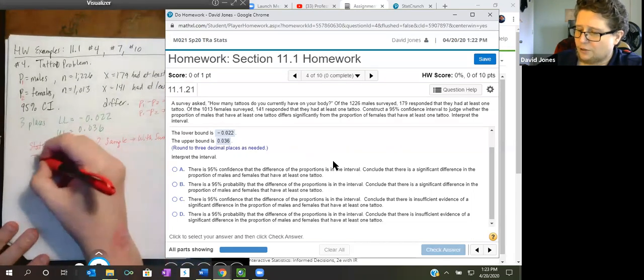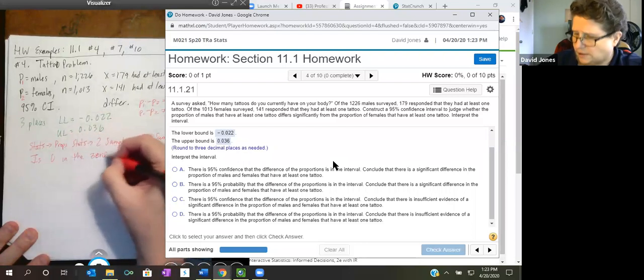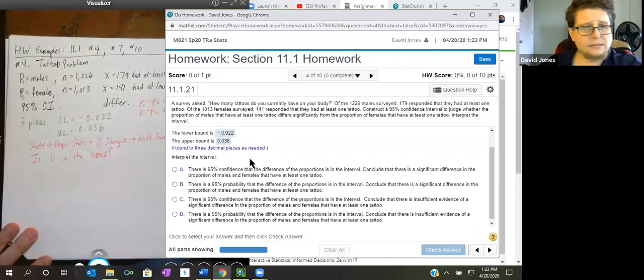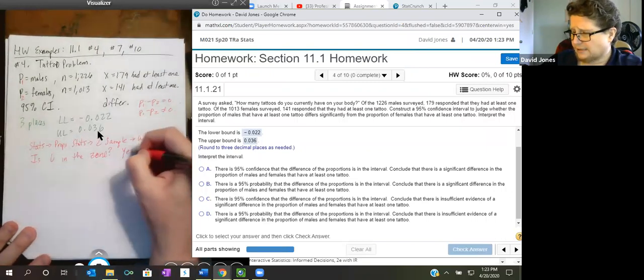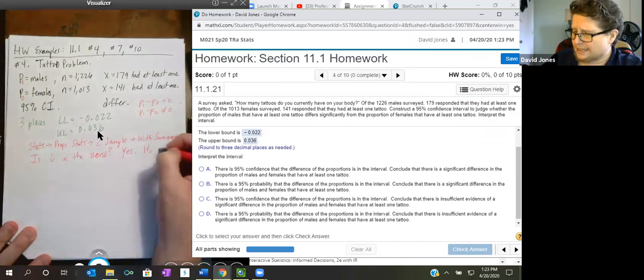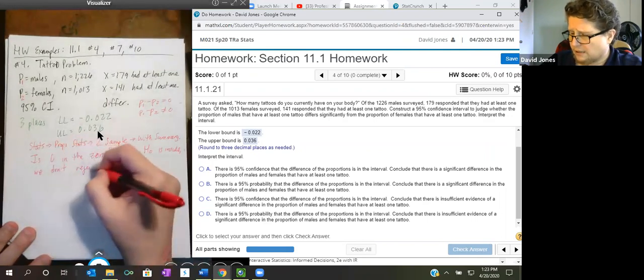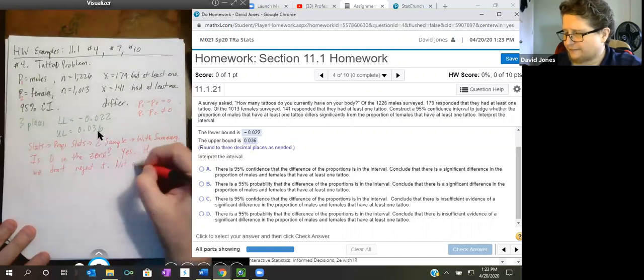So is 0 in the zone? Is it? The lower limit's negative, the upper limit's positive. Yes. So H0 is inside. We don't reject it. Which means there's not a significant difference between the two values.